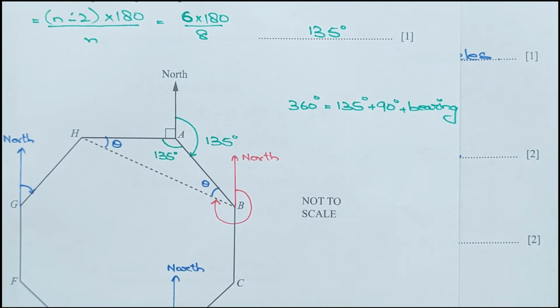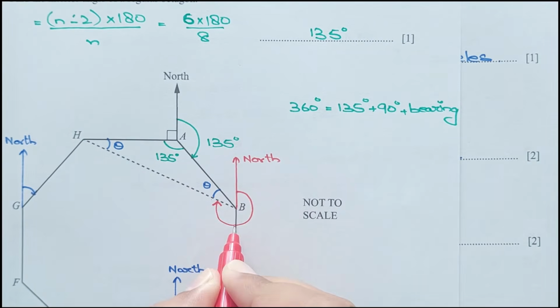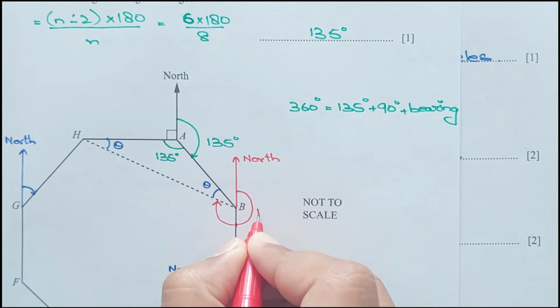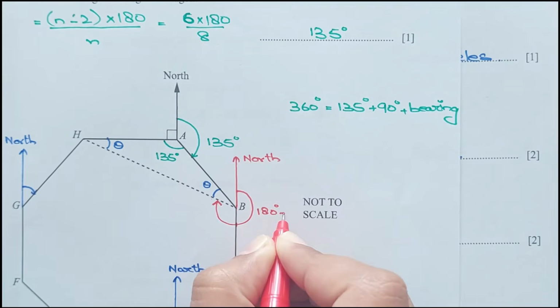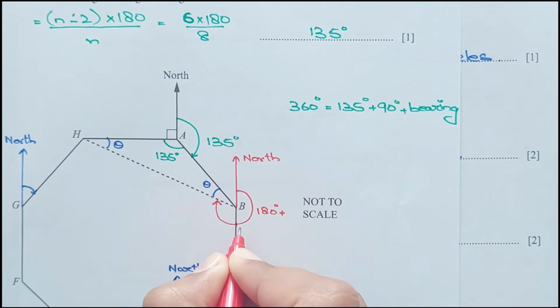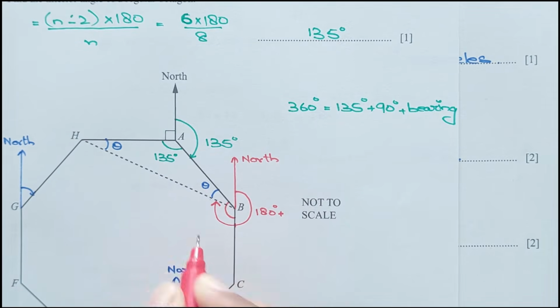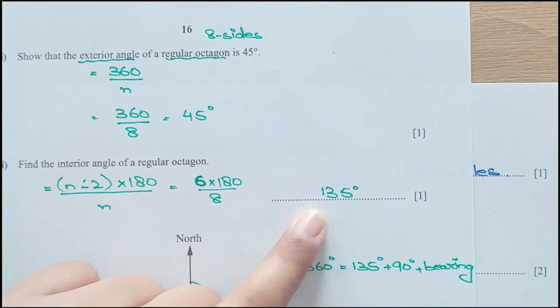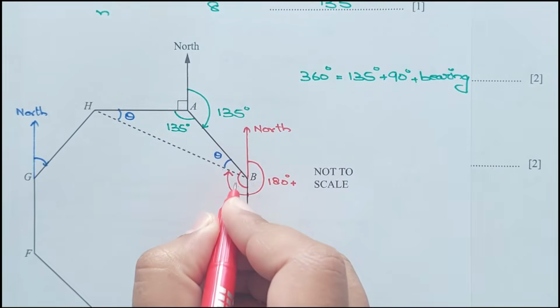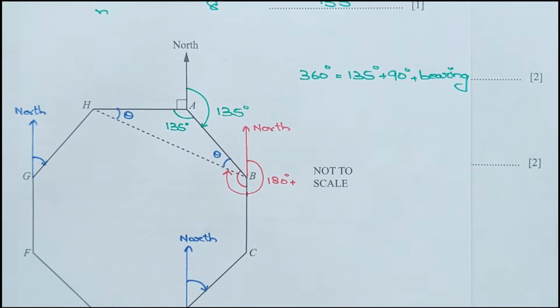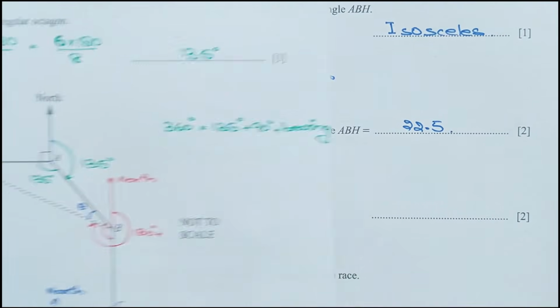As we know, this straight line is 180 degrees, plus this angle we can get the bearing. And this whole angle is 135 because the interior angle of a regular octagon is 135. So this angle is 135, which is the sum of this portion and theta. We got theta as 22.5.